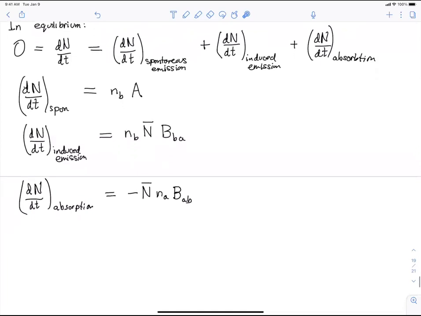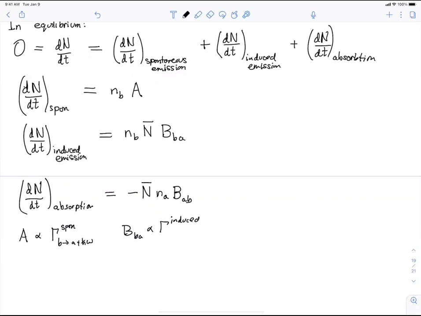Okay, so just a comment on these things. These constants of proportionality are, of course, proportional to the rate for a given atom to do something. So for example, A is proportional to the spontaneous rate for B goes to A plus h bar omega. B sub BA is proportional to the induced emission rate for B goes to A plus h bar omega.